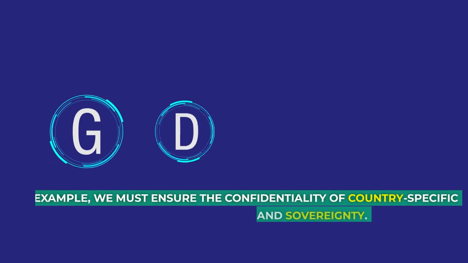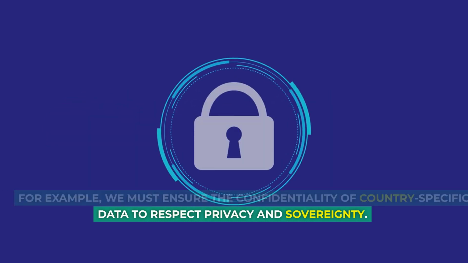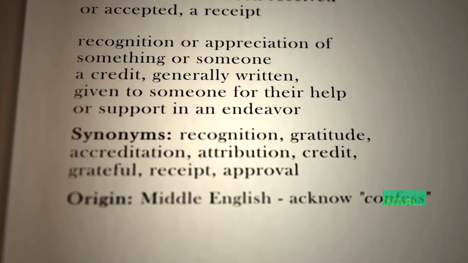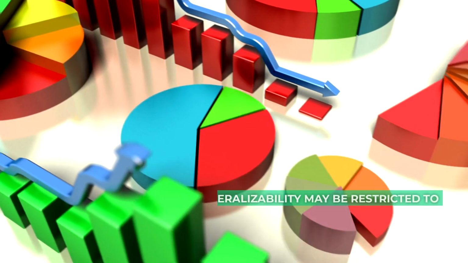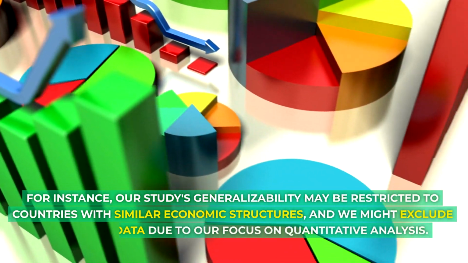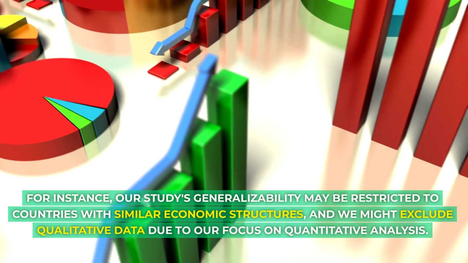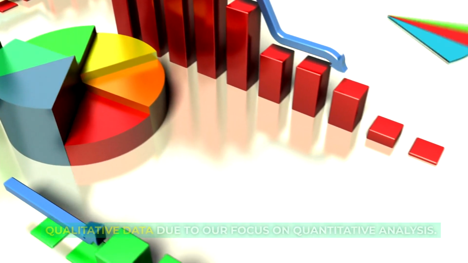For example, we must ensure the confidentiality of country-specific data to respect privacy and sovereignty. Limitations and delimitations. Acknowledging limitations and delimitations is essential. For instance, our study's generalizability may be restricted to countries with similar economic structures, and we might exclude qualitative data due to our focus on quantitative analysis.